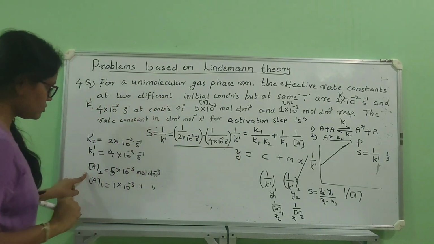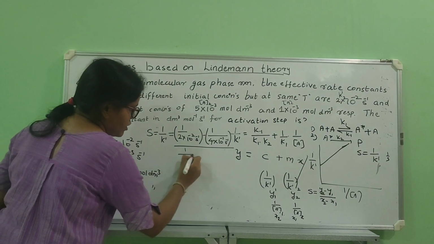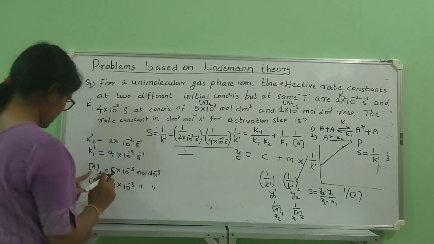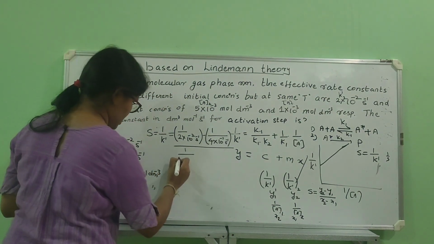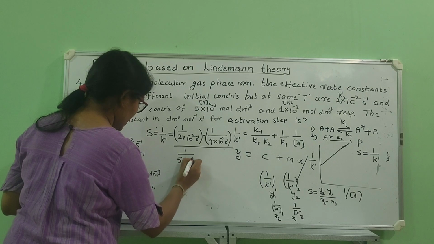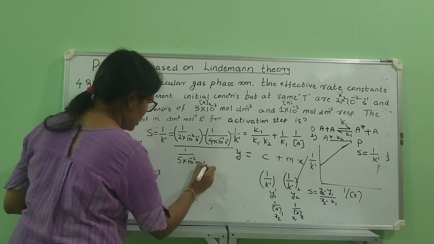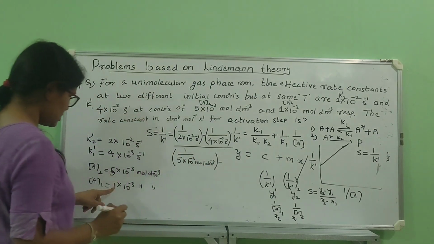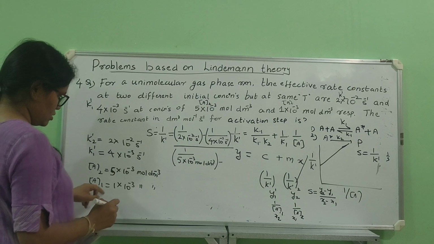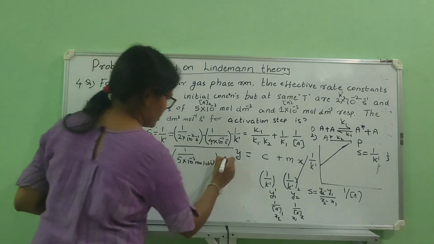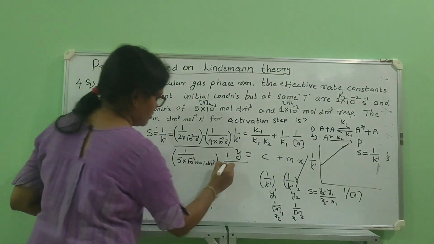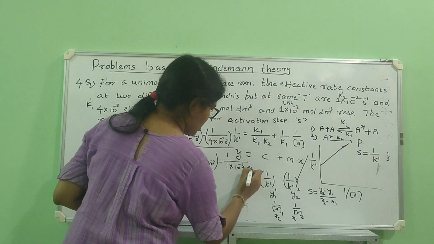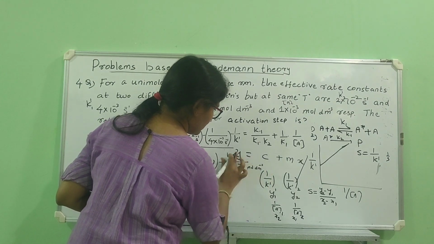By 1 by x2. What is x2? 1 by a2. What is a2 here? 5 into 10 power minus 3 mole decimeter power minus 3 minus, what is a1 here? 1 into 10 power minus 3 mole decimeter power minus 3.